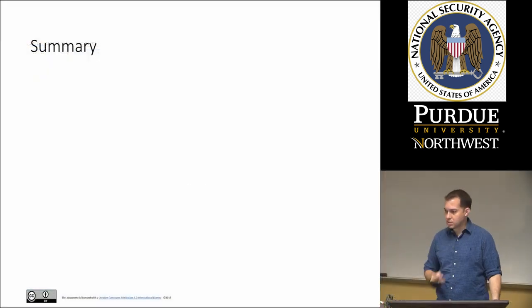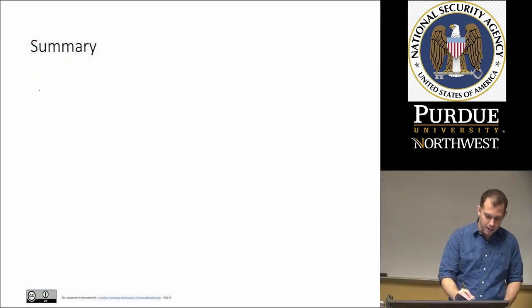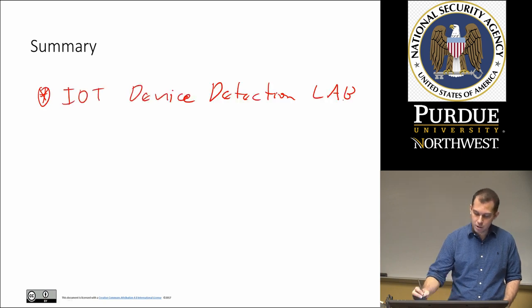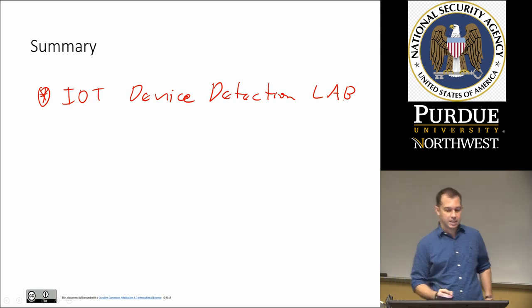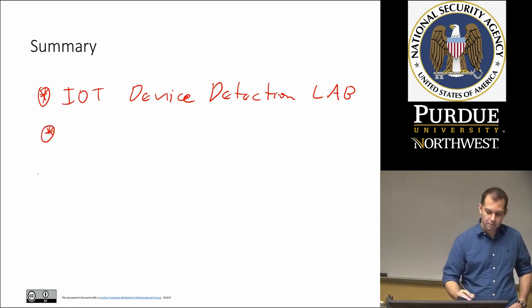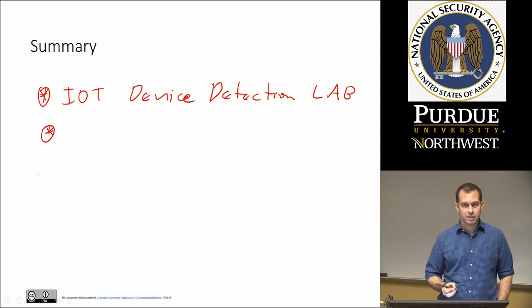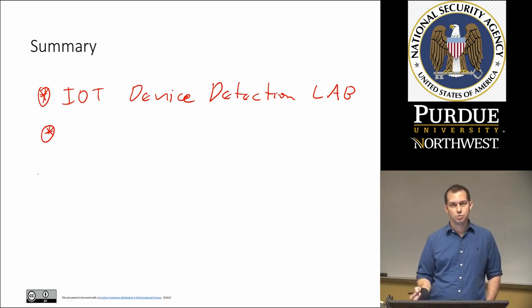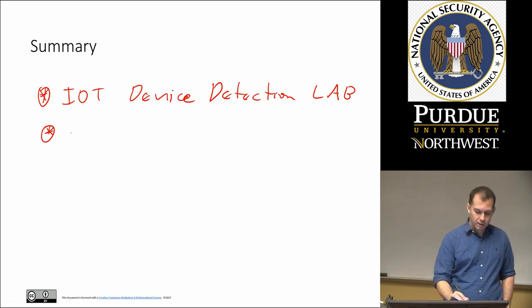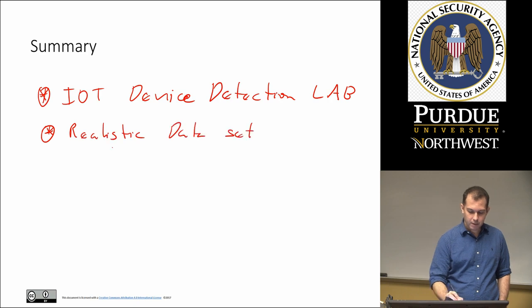All right, so in summary, this was the IoT device detection lab, so Internet of Things. So we went through a more realistic data set, right? We saw many issues related to a more realistic data set, right? So we saw issues of big data.